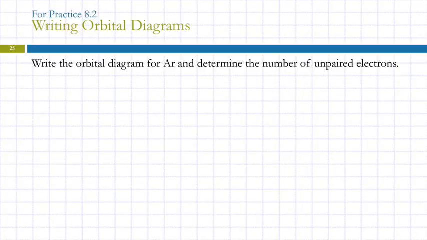Okay, so let's write the orbital diagram for argon and figure out how many unpaired electrons there are. Well, the first thing we need to do is find argon on the periodic table and identify how many electrons does argon have. 18. So argon has 18 electrons.